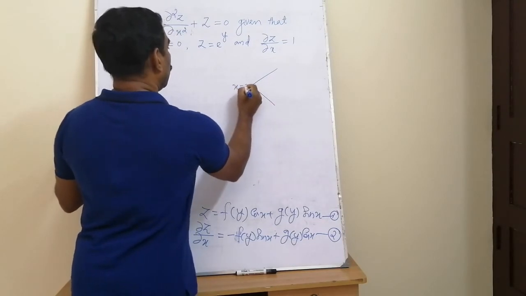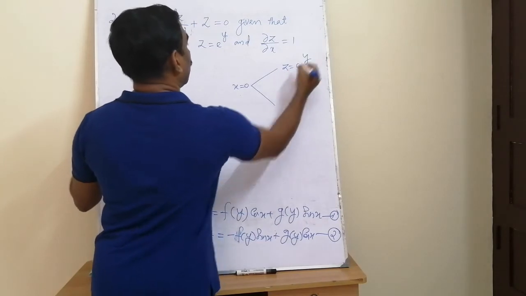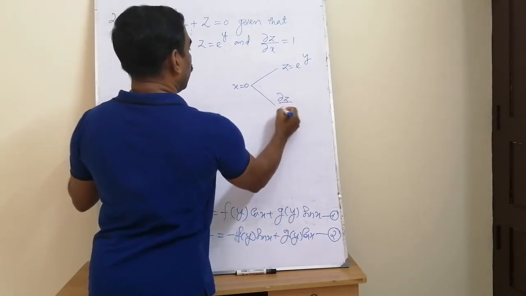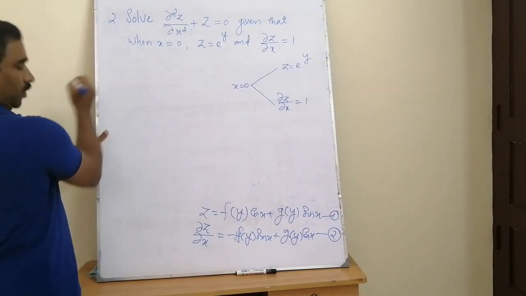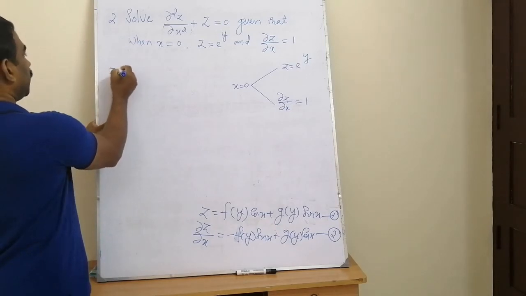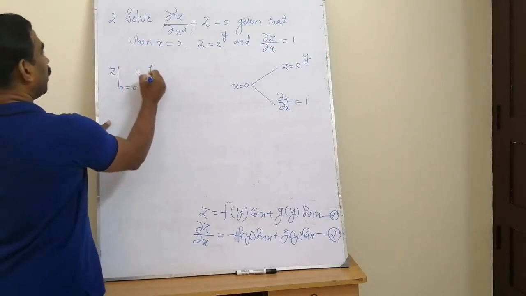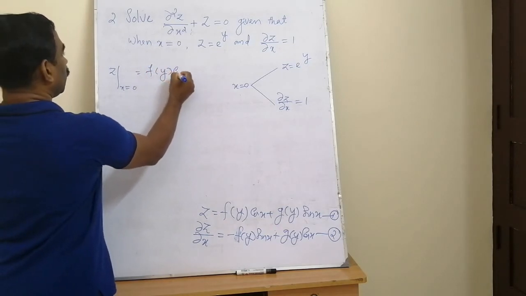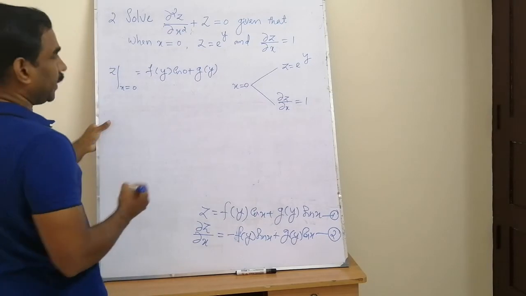Now applying the initial conditions, when x equal to 0, we have two conditions. One is the value of z becomes e raised to y, and another is dou z by dou x becomes 1. From equation number 1, z at x equal to 0 is equal to f of y into cos 0 plus g of y into sin 0.